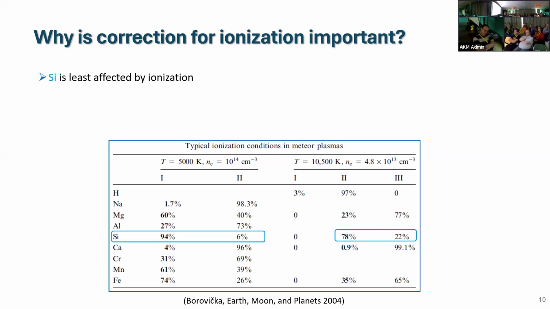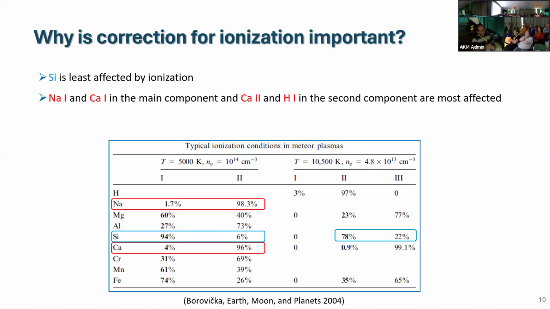In the low temperature component of meteor plasma, only 6% of the silicon is ionized. And very similar situation is for silicon in high temperature component of meteor plasma. However, for elements like sodium and calcium, it's total element present.